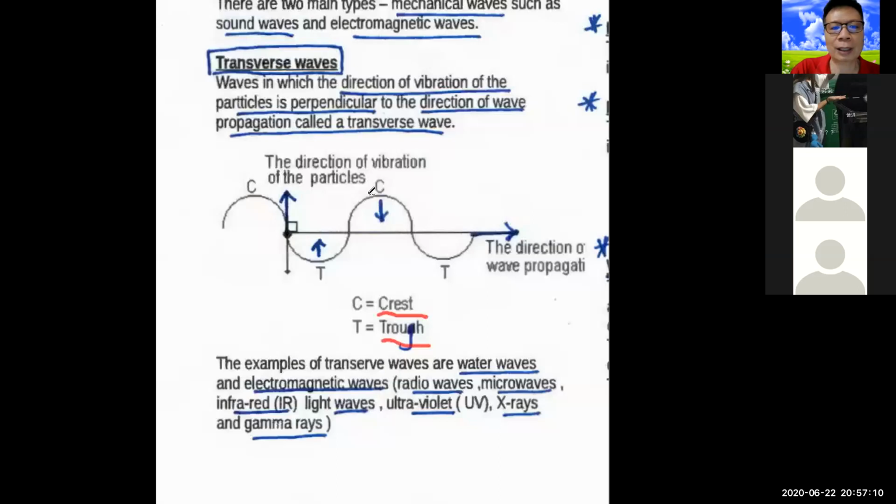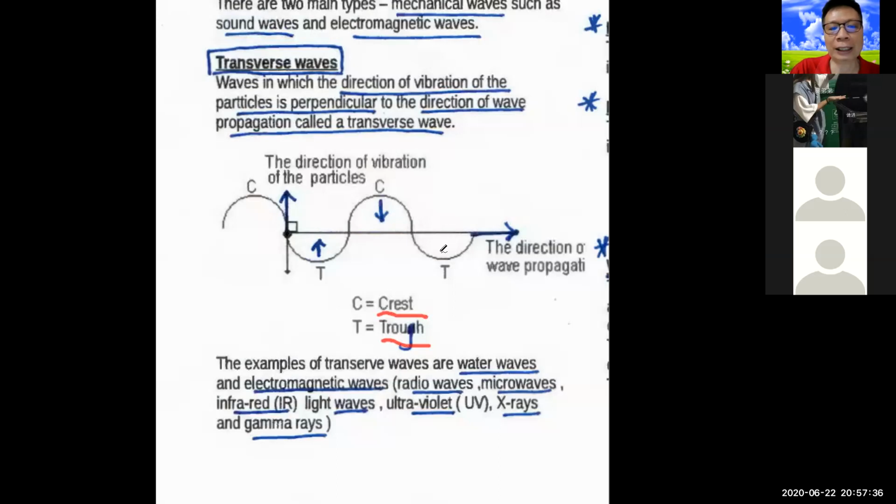The highest point is crest. The lowest point is trough. But we don't say highest and lowest; you say maximum displacement. Displacement is measured from this center line. The maximum positive displacement is crest.